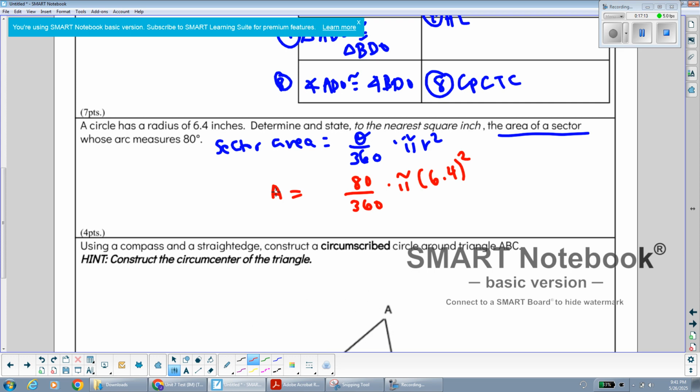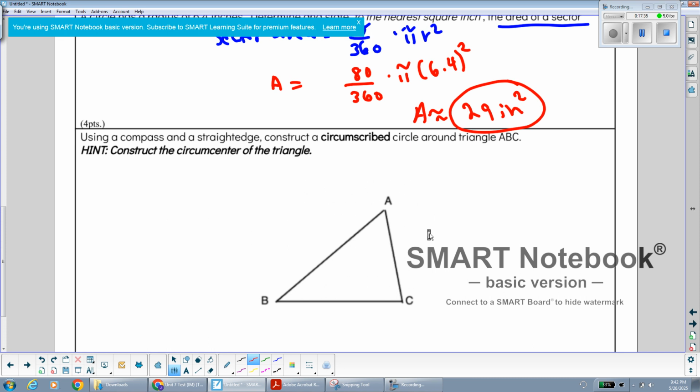And I got 28.595. So to the nearest square inch, that rounds up to 29. So the area of the sector is approximately 29 square inches.